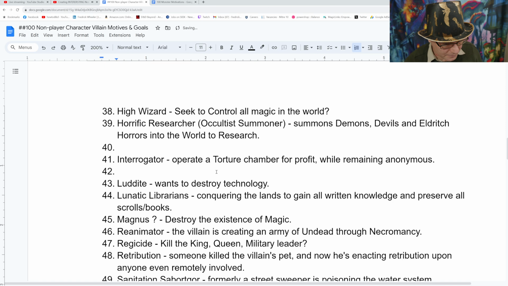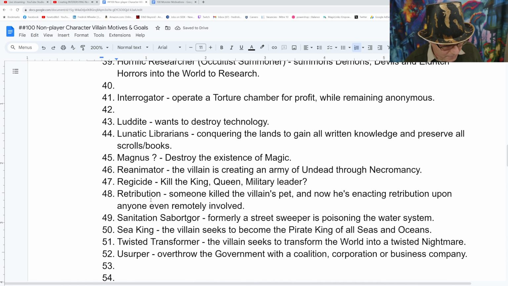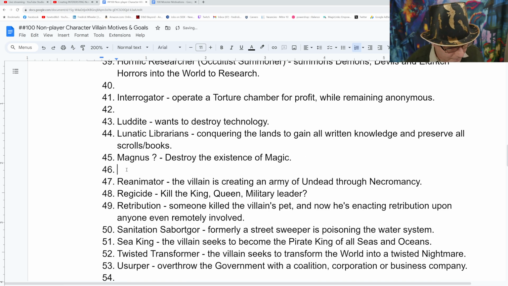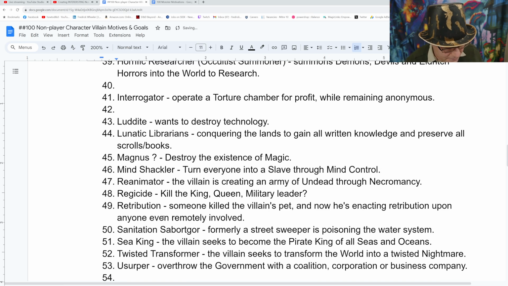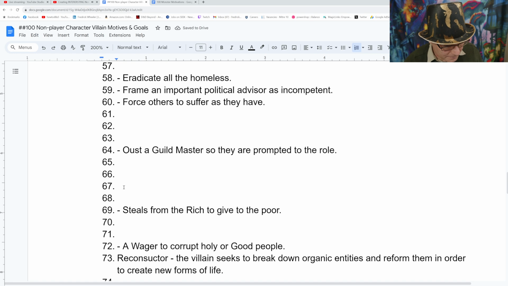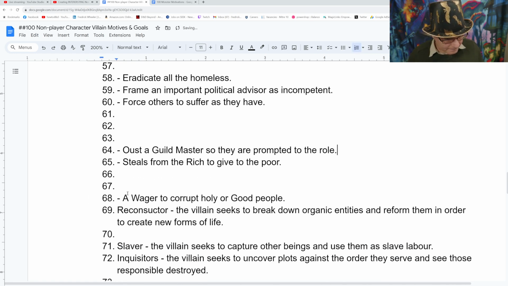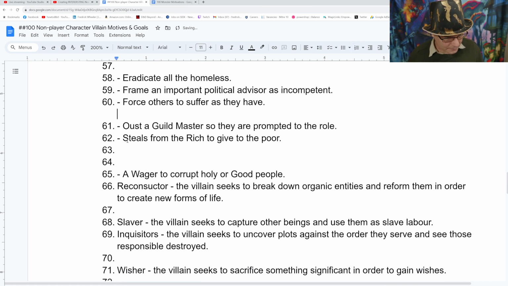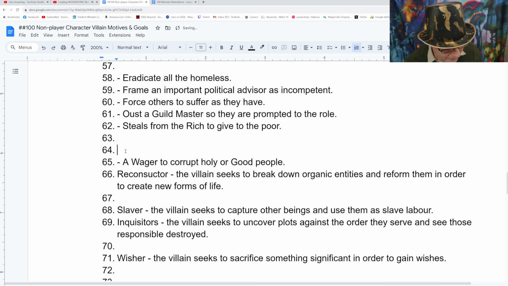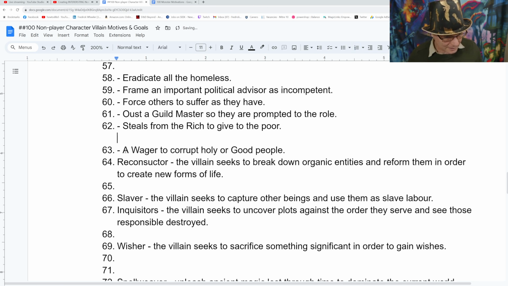M for mind. M right here. This is where it wants to be. Mind shackler, paste. Okay. A lot of tagging of stuff. That's all right. It's fine.